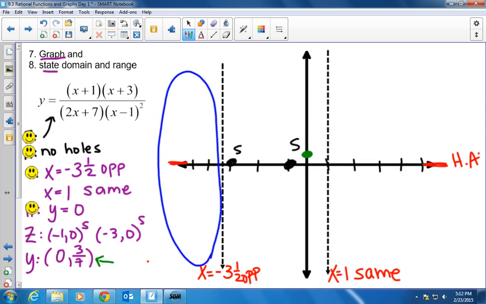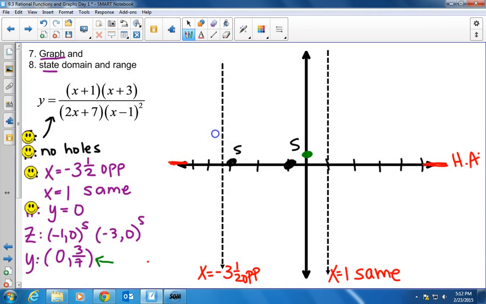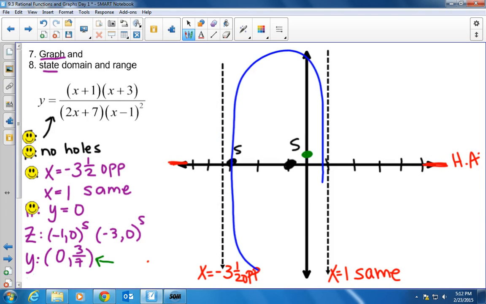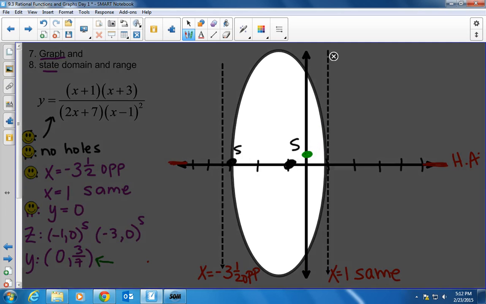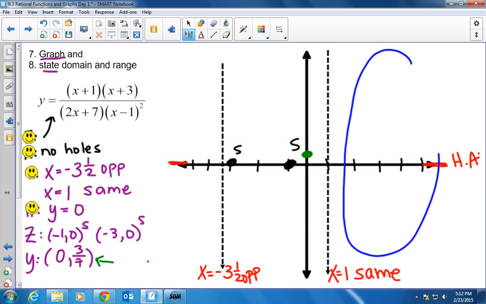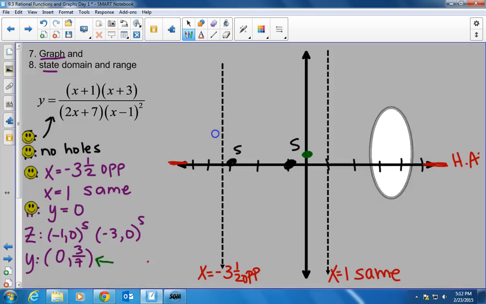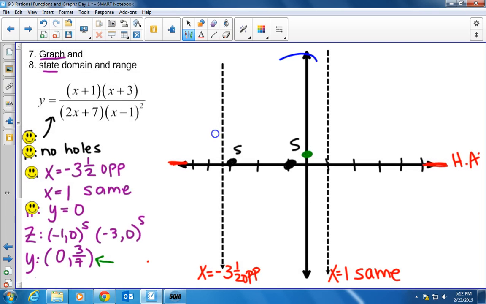I have a section right here, I have a middle section in between the asymptotes, and then I have my last section over here on the right-hand side. What we're going to do is focus on the middle section right here. The reason I'm focusing on the middle section is because that's where my y-intercept is, and my y-intercept is the driver of the graph.